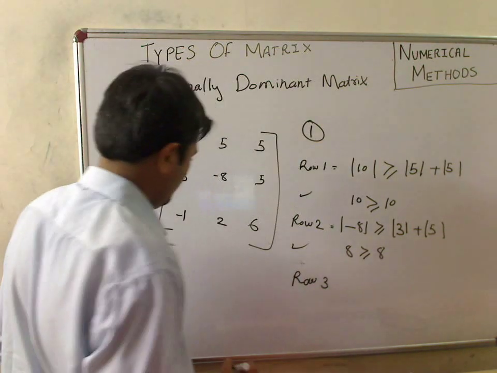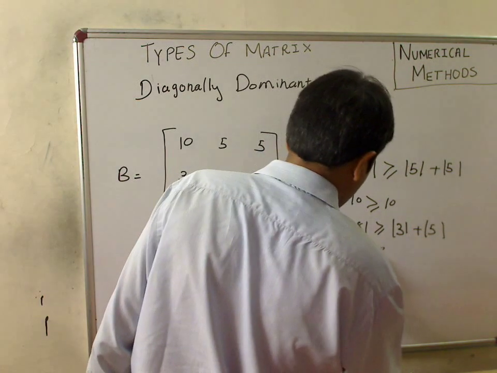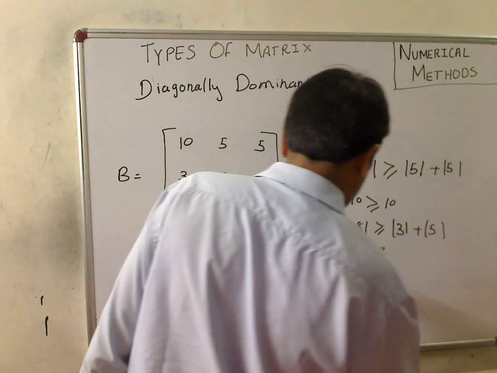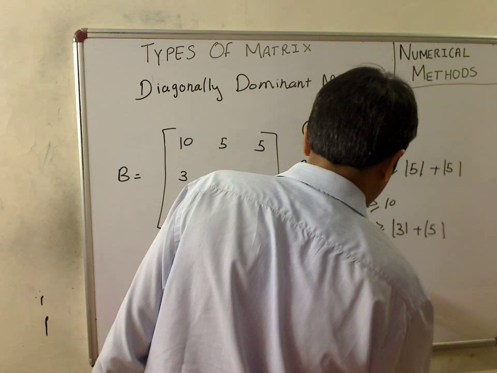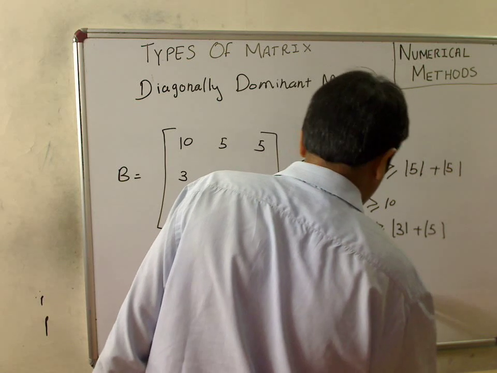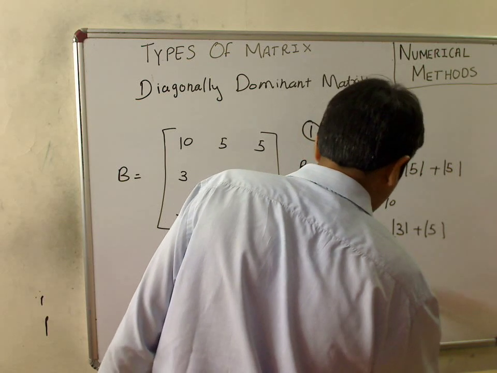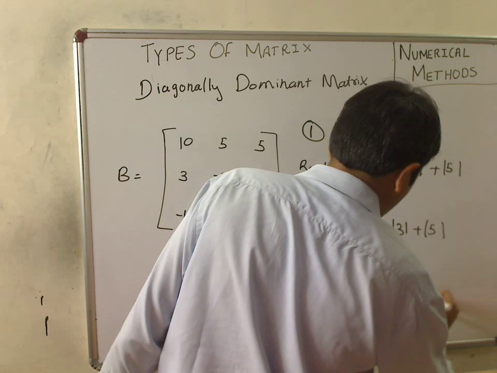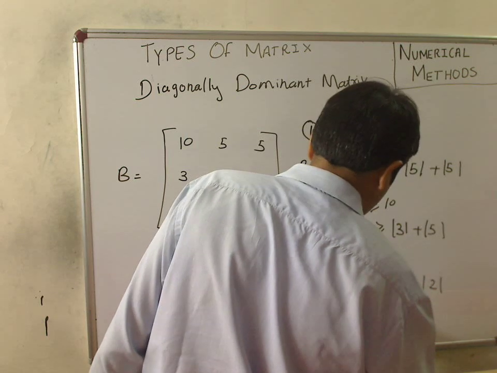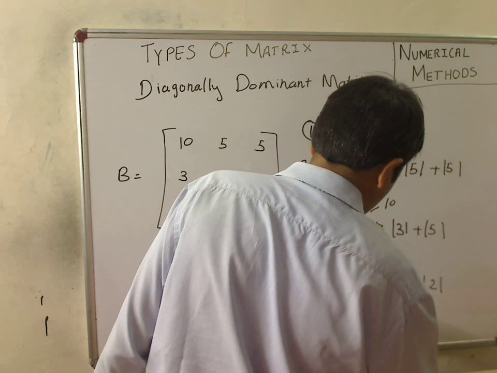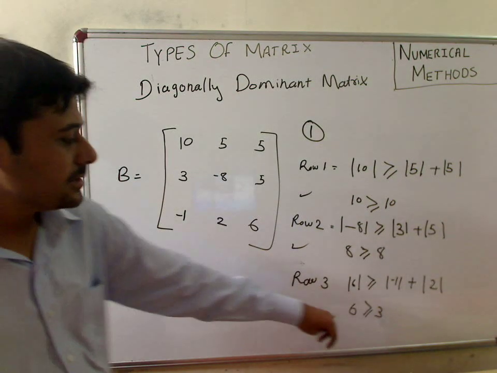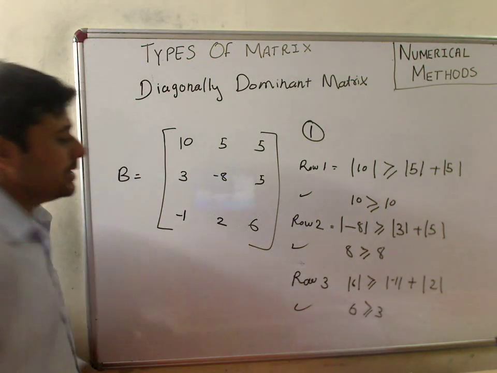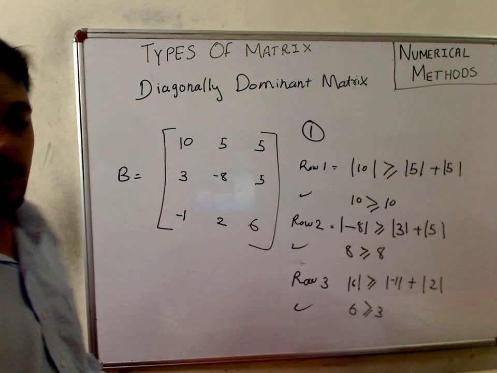For row 3, the diagonal should be greater than or equal to the others. 6 is clearly greater than 3. So the condition is satisfied for all 3 rows.